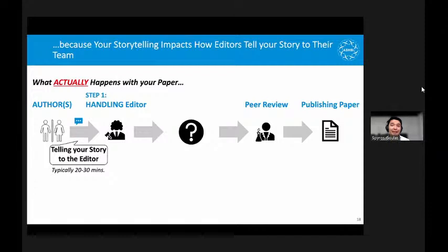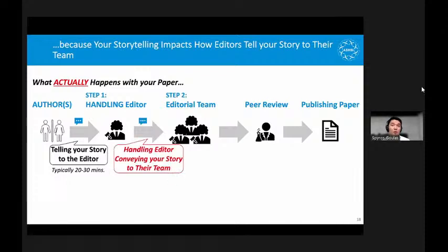The handling editor typically reads your paper, does background research, and once they understand your paper, then they need to process this information and tell your story to the rest of their team. By doing so, it becomes a voting process on how suitable the paper is for the journal. Therefore, you need to tell your story effectively to the handling editor in order for them to also be able to tell your story in the most interesting way possible to their team.